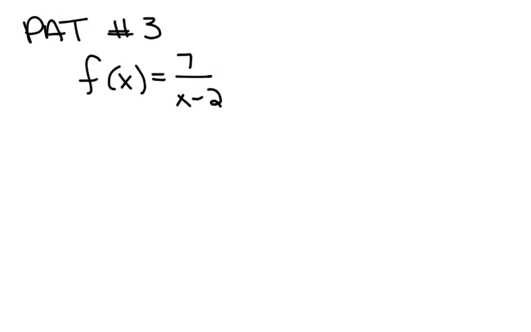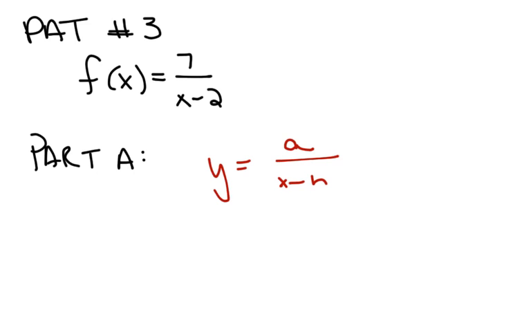This is performance assessment task number 3, where it gives you f of x is equal to 7 over x minus 2. In part A, they want you to identify the constant of variation. Well, this is the equation y equals a over x minus h plus k, where h moves the graph left or right, k moves the graph up or down, a compresses or stretches the graph, but it turns out that this is really just an inverse variation equation.